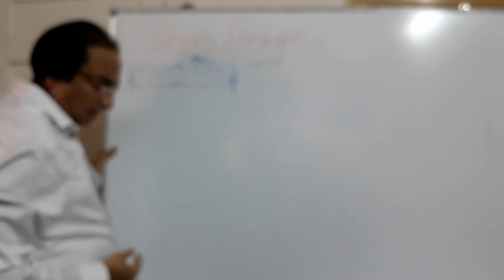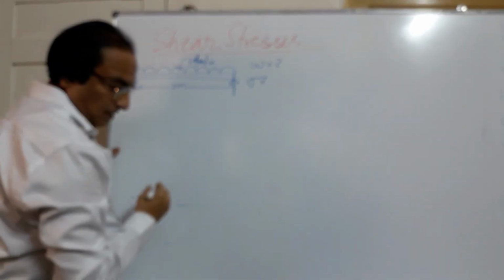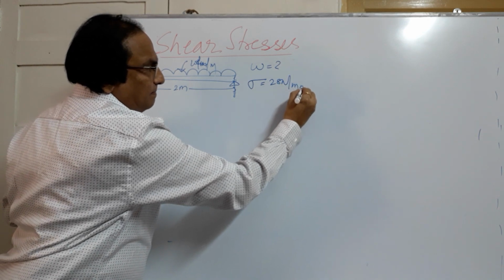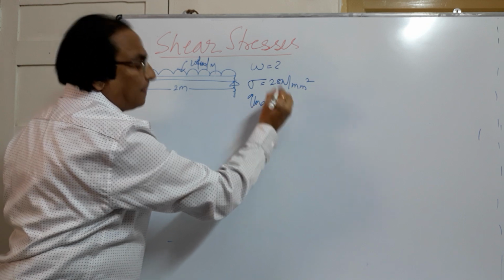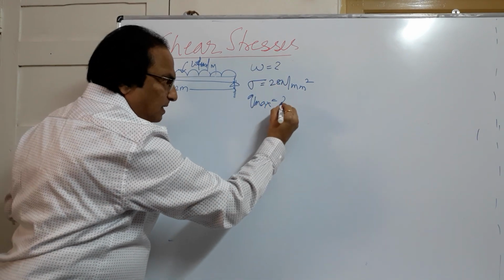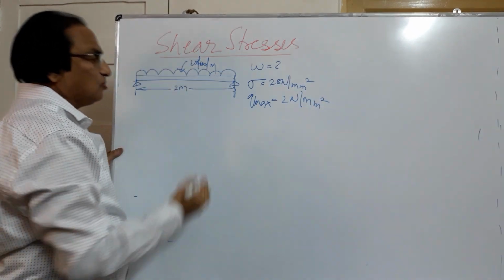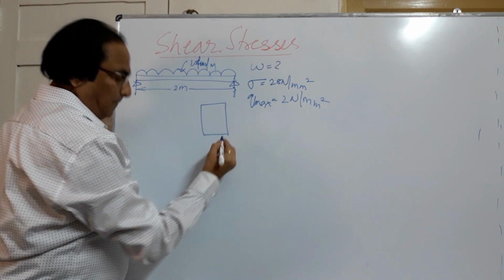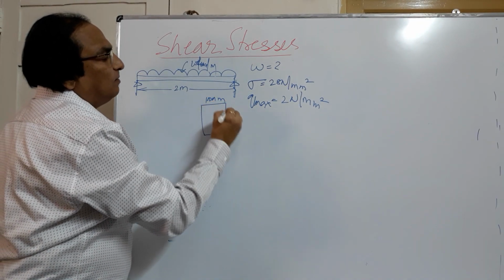The given condition is the maximum bending stress is 28 Newton per mm square, and the maximum shear stress acting is 2 Newton per mm square, and the cross section of the beam is 100 mm by 150 mm.